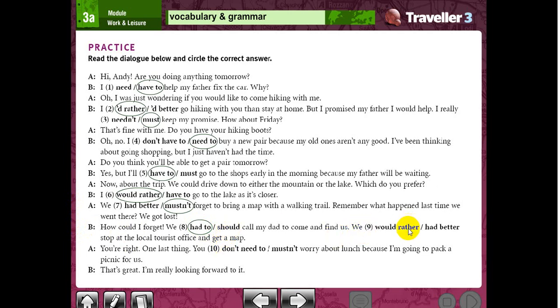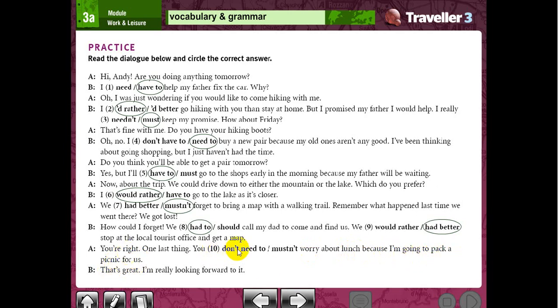We would rather or had better stop at the local tourist office and get a map. Here we would choose had better because we should stop at the local tourist office and get a map. It is good advice. You are right on the last thing. You don't need to or mustn't worry about lunch because I am going to pack a picnic for us.